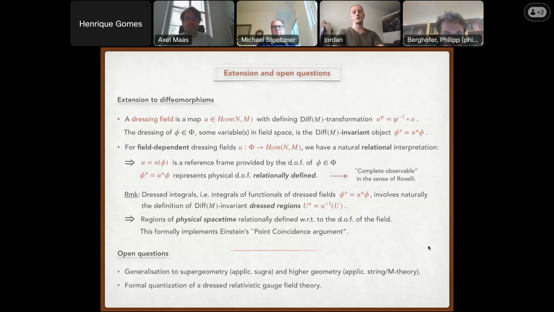Is it as robust and useful at the quantum level? That needs to be assessed, of course. Lots of interesting questions there. And if the dressing field approach is to be a reliable tool, of course, it should be confronted with the whole quantization procedure. This indeed is a key concern for many of us here.